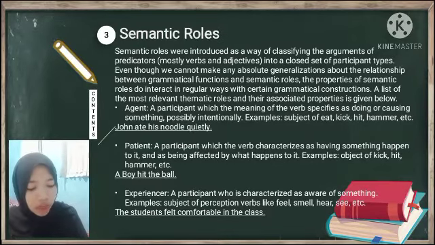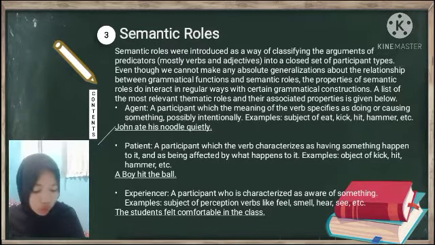Even though we cannot make any absolute generalizations about the relationship between grammatical function and semantic roles, the properties of semantic roles do interact in regular ways with certain grammatical constructions. A list of the most relevant thematic roles and the associated properties is given below.